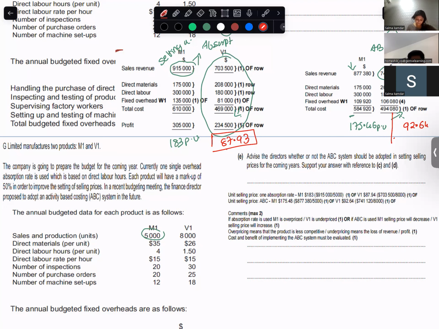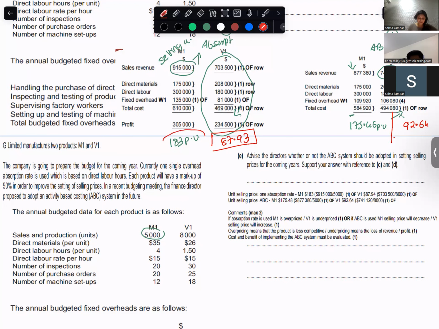Now, as per absorption costing, the selling price for M1 is 183 per unit that we have set.